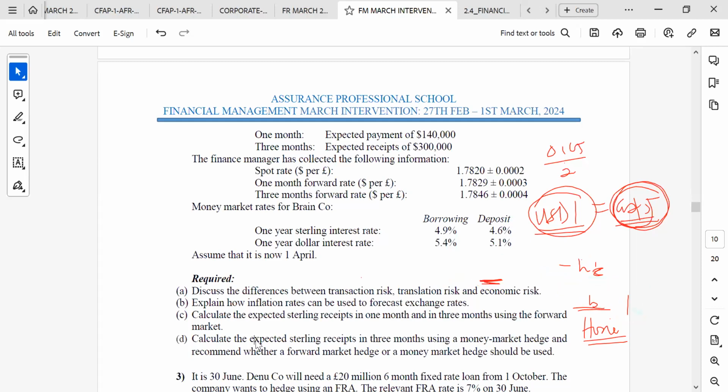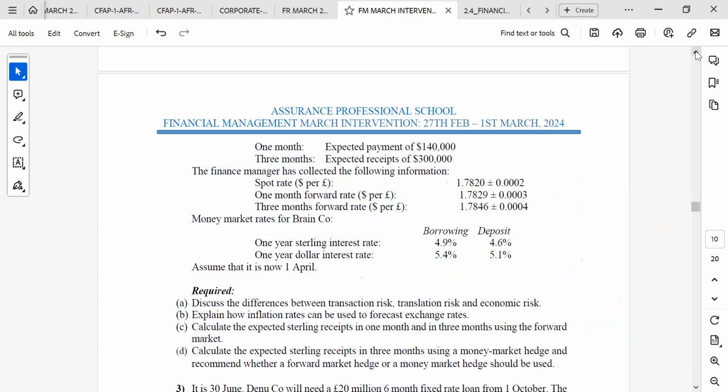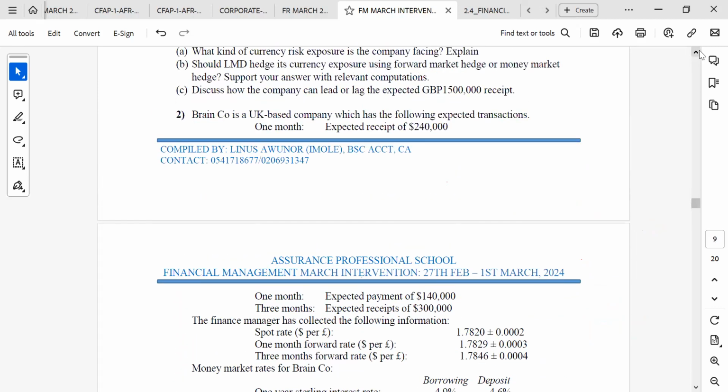Calculate the expected sterling receipts in 1 month and 3 months using the forward market rate. So let's kill that one and then move on. How much are we receiving in 1 month's time? $240,000.